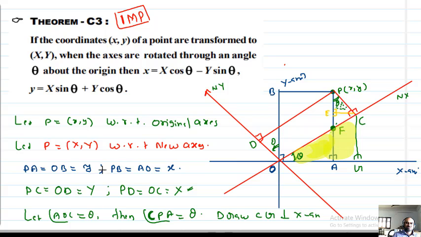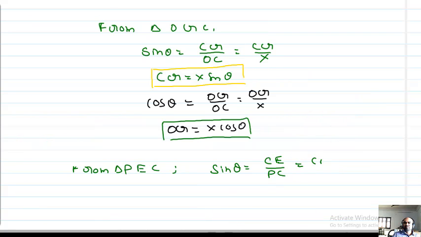PC means capital Y. This is CE by capital Y, or CE is equal to capital Y sin theta. One of the important results.